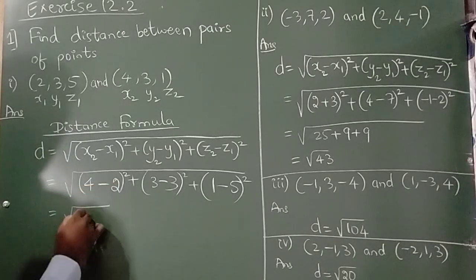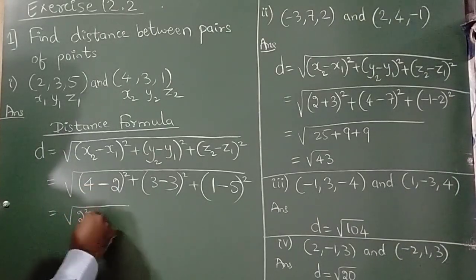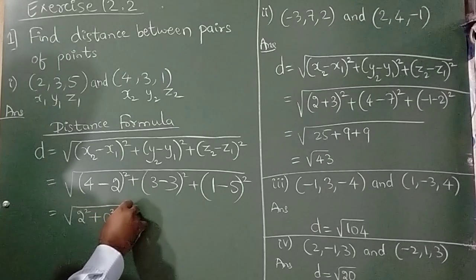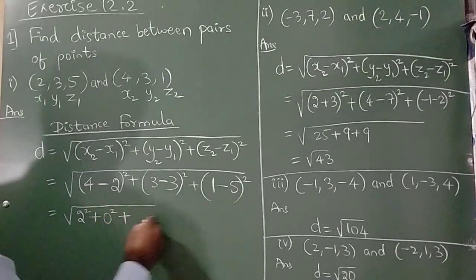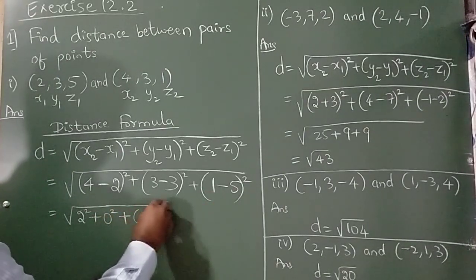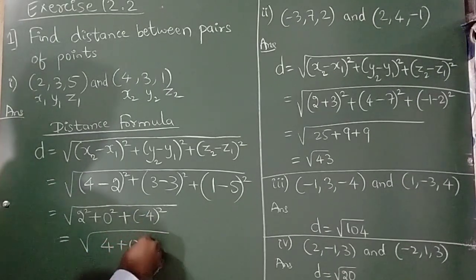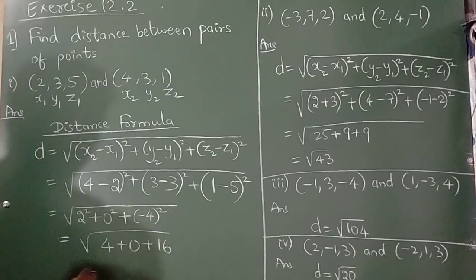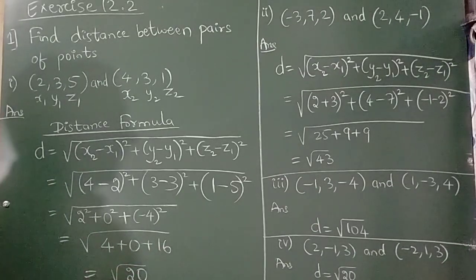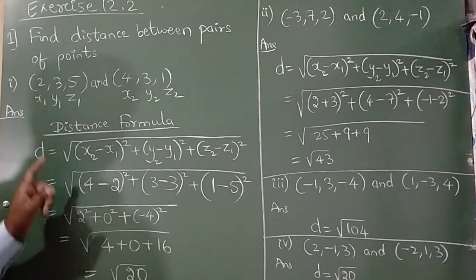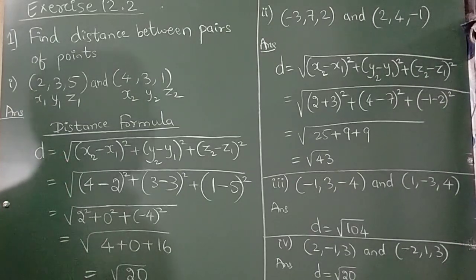So 4 minus 2 is 2 square, plus 3 minus 3 is 0 square. Now plus 1 minus 5 is minus 4 square. Now 2 square is how much? It is 4. 0 plus 4 square is how much? 16. So 16 plus 4 is 20. So the distance between the pair of points is root 20.